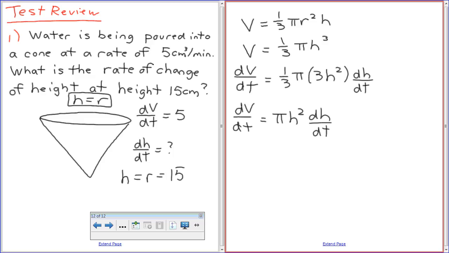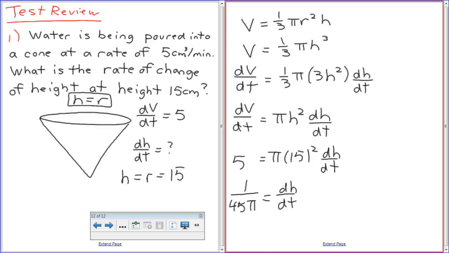What else do we know? 15 times 15 is 225. Divided by 5 is 45. Somebody can confirm that for me. I think that's good though. Yeah, that's what I got.